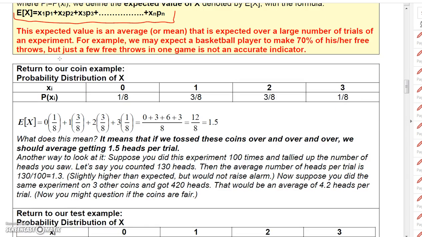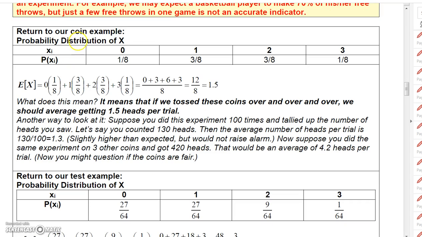So go back to our experiment that I just did. Here's the probability distribution table for tossing the 3 coins. And notice if you take 0 times 1/8 plus 1 times 3/8 plus 2 times 3/8 plus 3 times 1/8 and you add all of those up, you're actually going to get 12 over 8 or 1.5.